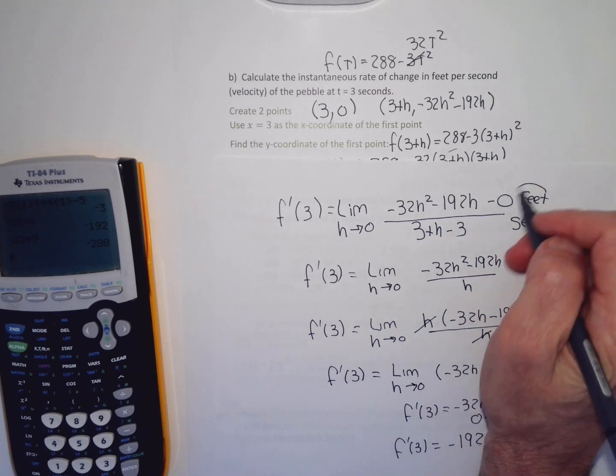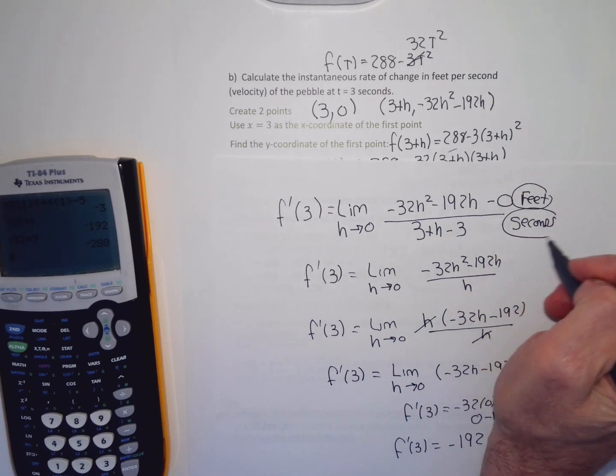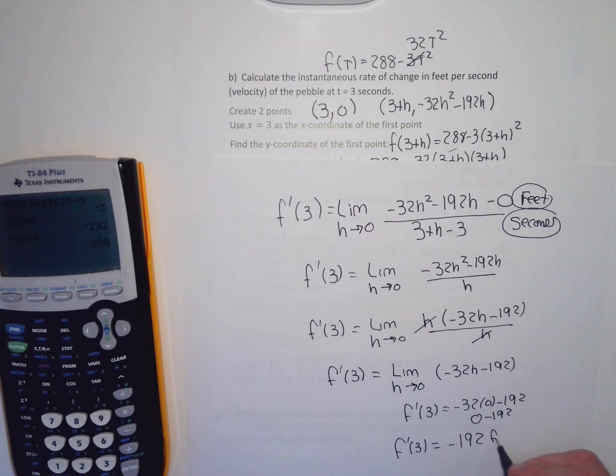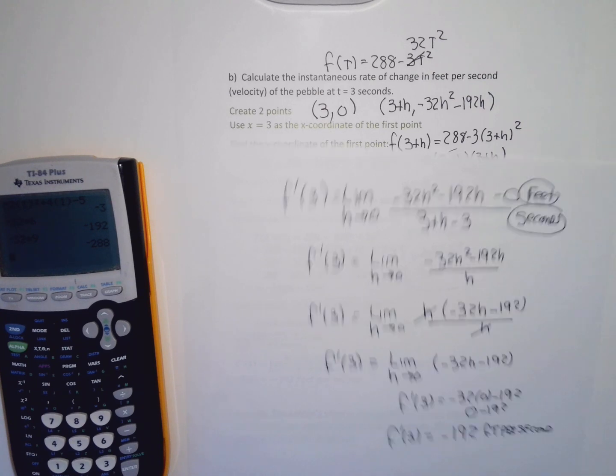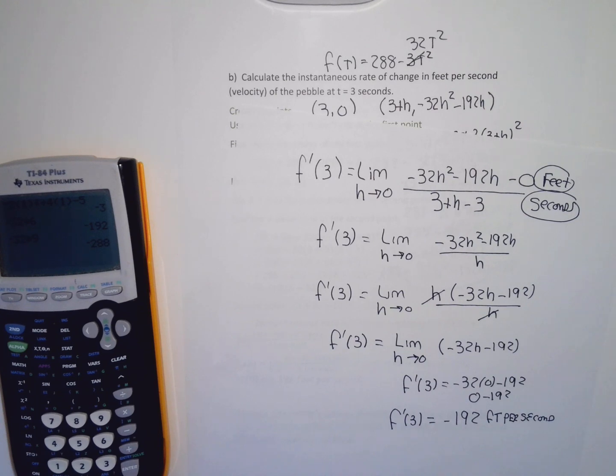The units are going to be feet in the numerator per the denominator, so it's going to be feet per second. So what I've done here is I found the velocity, or the speed, when the object hit the ground right at 3 seconds. That's heady.